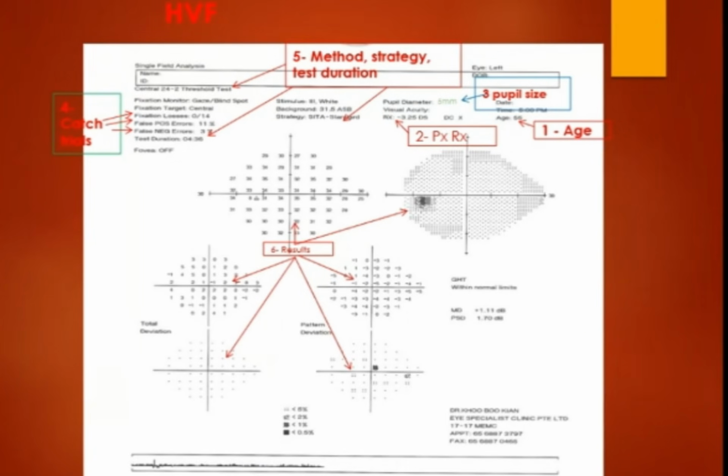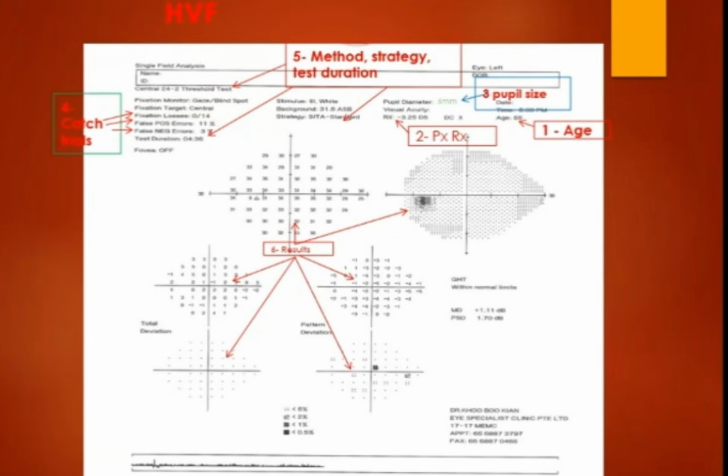Someone who has a -5, if you give the person a +10 bonus, the person will be upgraded to +5. For someone who already has 10, with the +10 bonus, the person will be upgraded to 20. So that's what the pattern deviation does. It compensates for deficits seen in the total deviation.